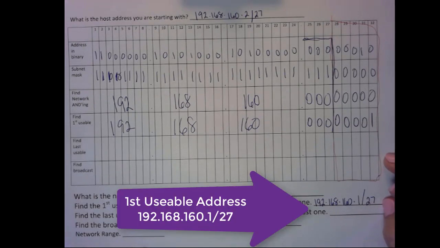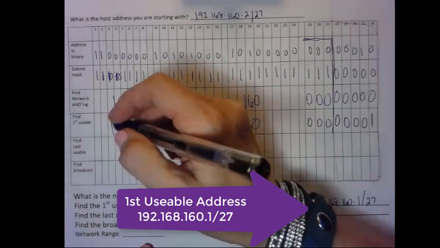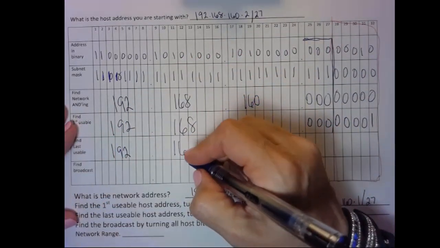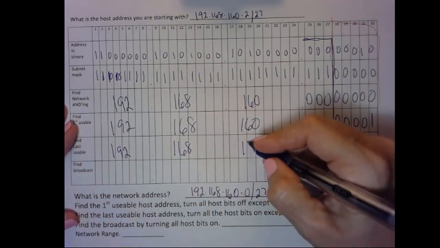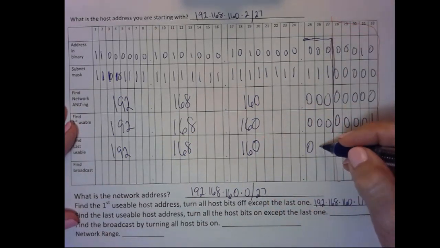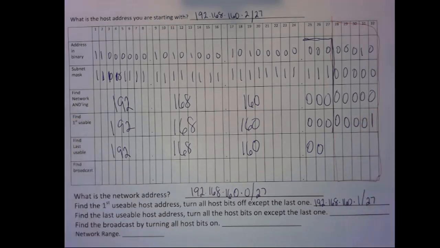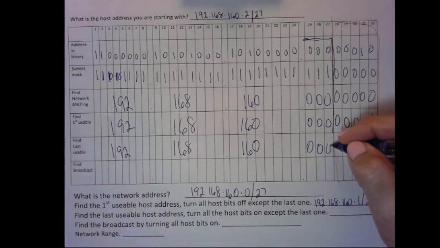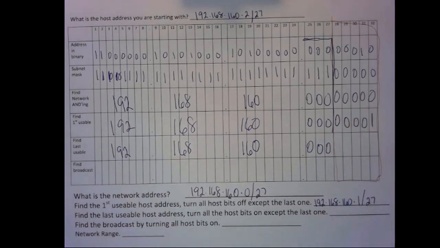Our first usable is 192.168.160.1/27. Okay. Now we want to find the last usable, so we know that our network, the first octet stays the same, the second octet stays the same, the third octet. Now again, these bits are going to stay off, okay? Now, the definition of the last usable address is when the host bits all turn on except the last one, okay?